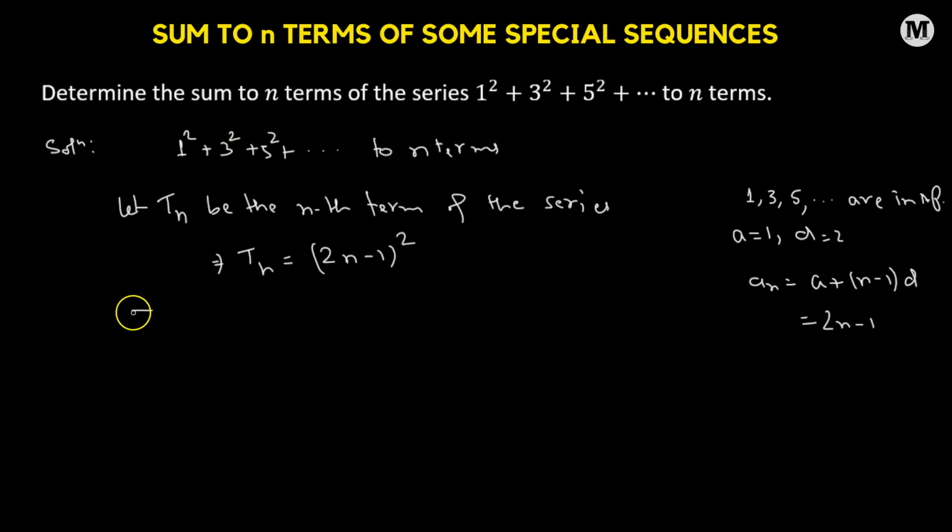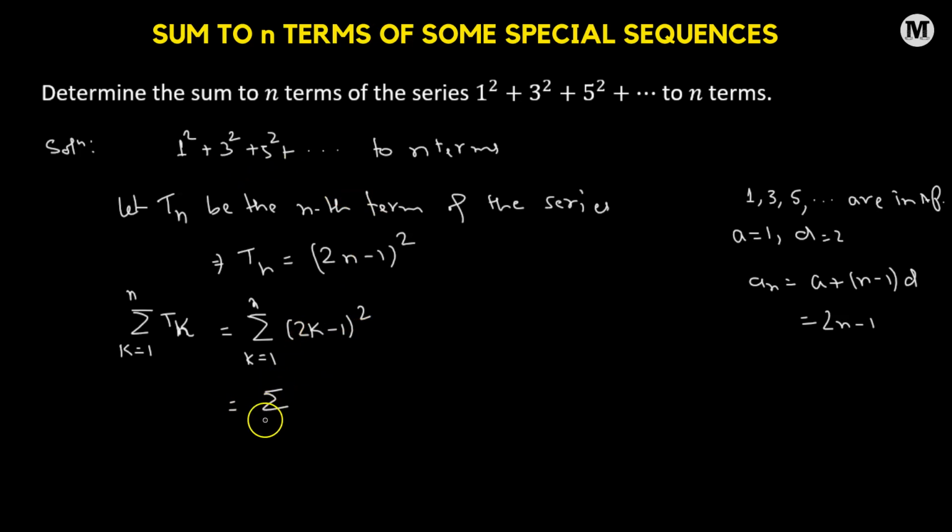Now our goal will be to find out the sum of the nth term. So we have the sum of Tk, where we change the index and k goes from 1 to n. In other words, we have to find the summation of 2k minus 1 whole squared, where we replace n with k and let the index k run from 1 to n. Now let's expand 2k minus 1 whole squared.